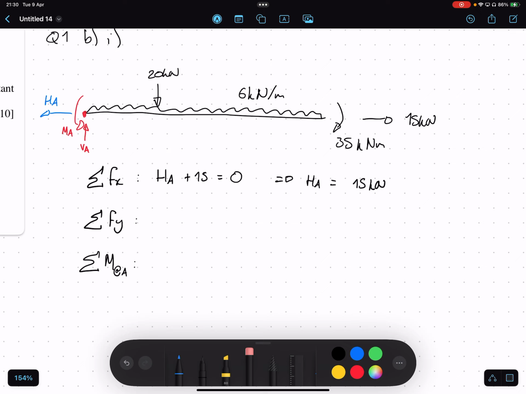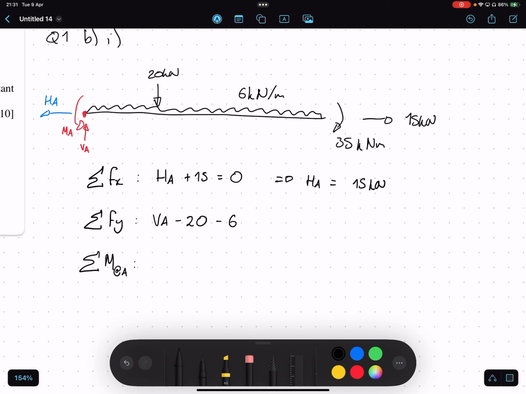Similarly, for the y direction, let's write down that we have VA acting in opposition to our 20 kilonewton force, and as well our 6 kilonewtons.